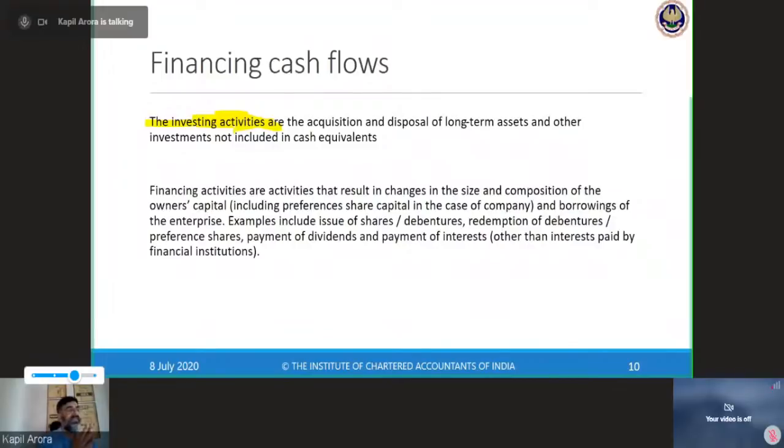On the other side, if I have repaid a loan, only that will come under the financing activities. Giving a loan to somebody, I am financing someone else, right?